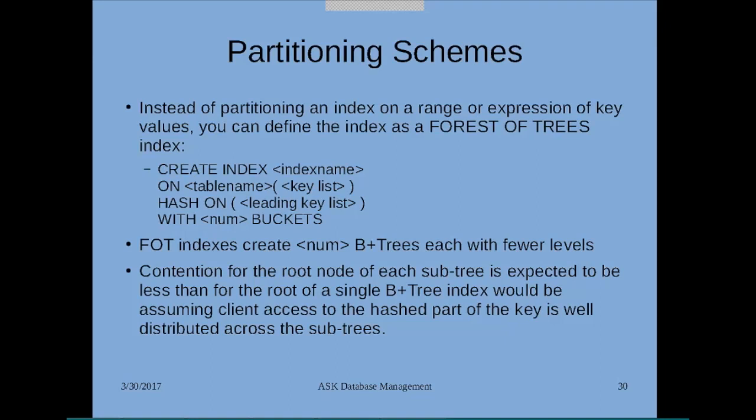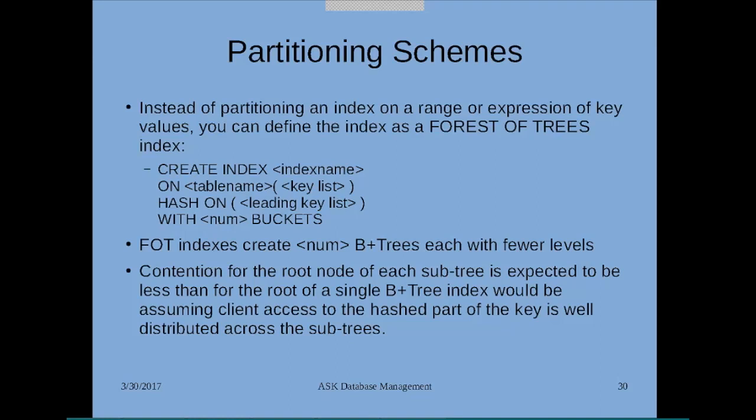They have fewer levels, and therefore they are faster to access and require fewer IOs. The other thing is, on a very busy system, there's much less contention for the root node of the tree because there are more trees, so fewer users, in theory, will be accessing the same tree.